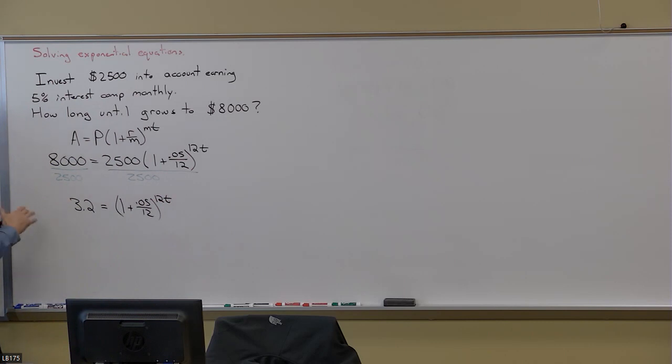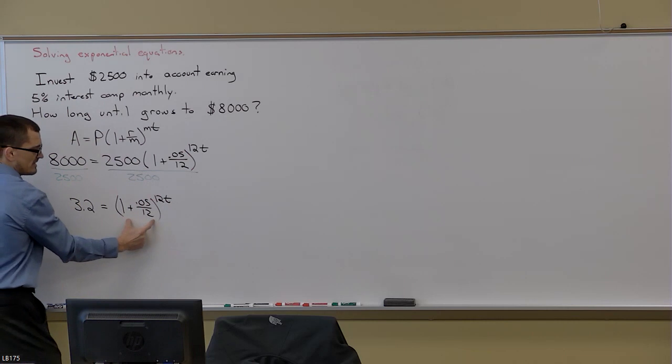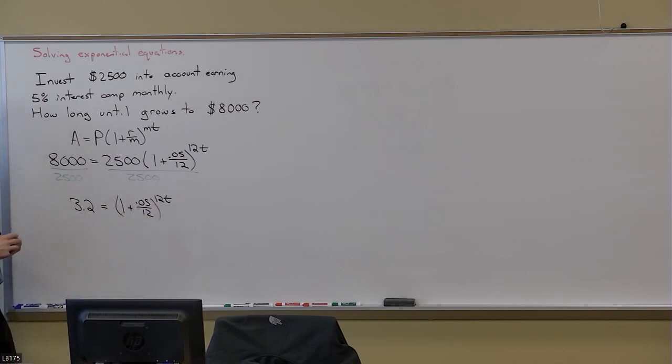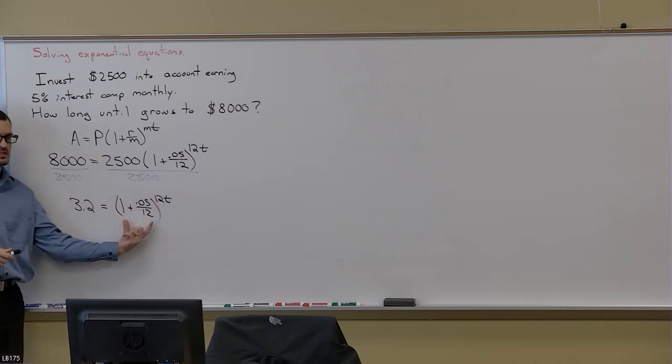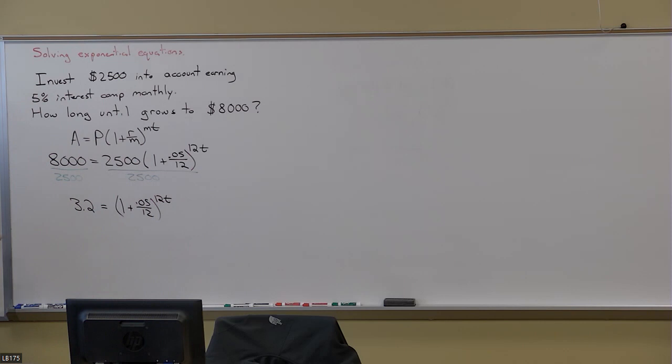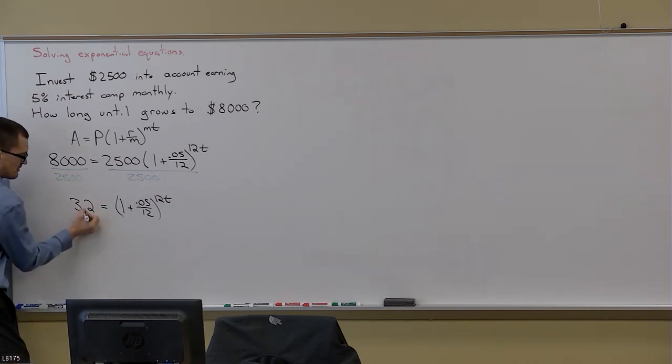And then at this stage, I have a base to a power on the right-hand side. It's okay that this base looks really ugly, okay? That's perfectly fine. In fact, I chose this because it was going to have a fairly ugly base. So let's just apply natural log to both sides.